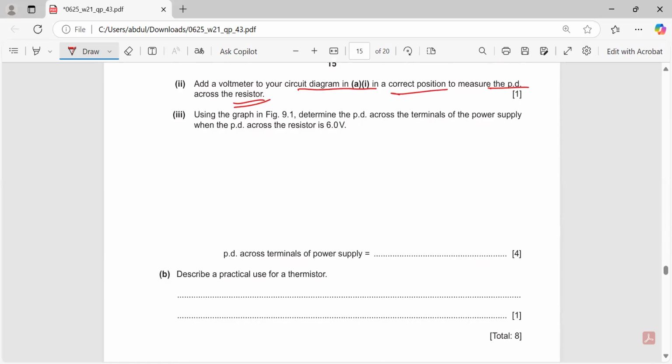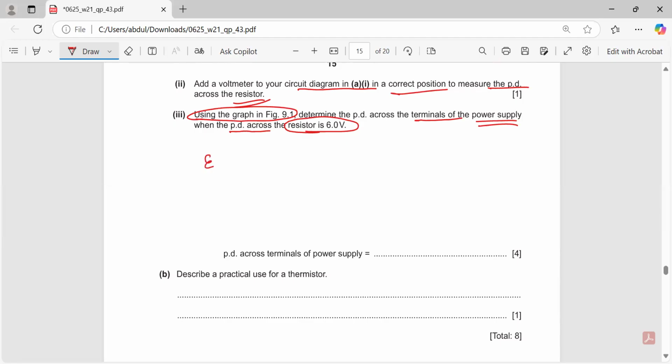Use the graph in figure 9.1. Determine the potential difference across the terminals of the power supply when the potential difference across the resistor is 6 volt. Power supply means we need to know the total voltage or EMF of the power supply.